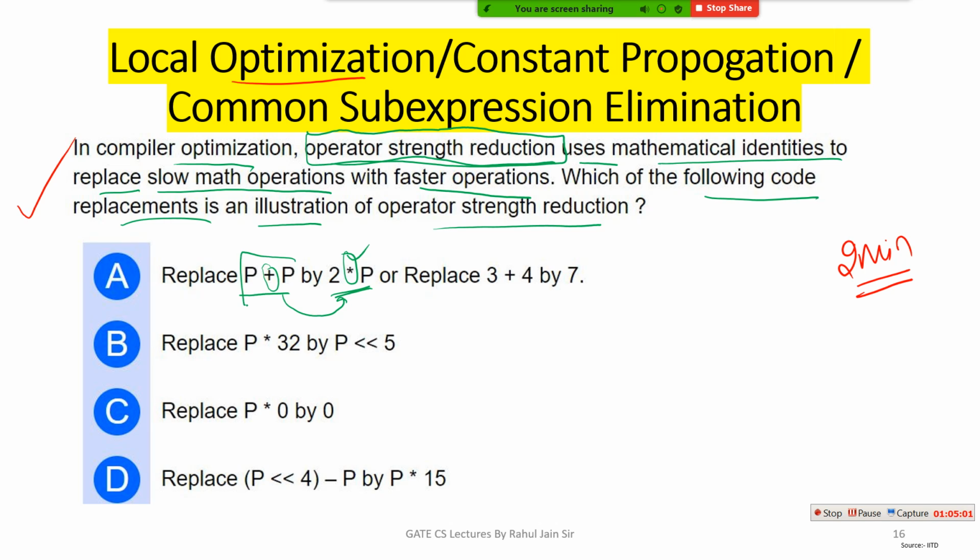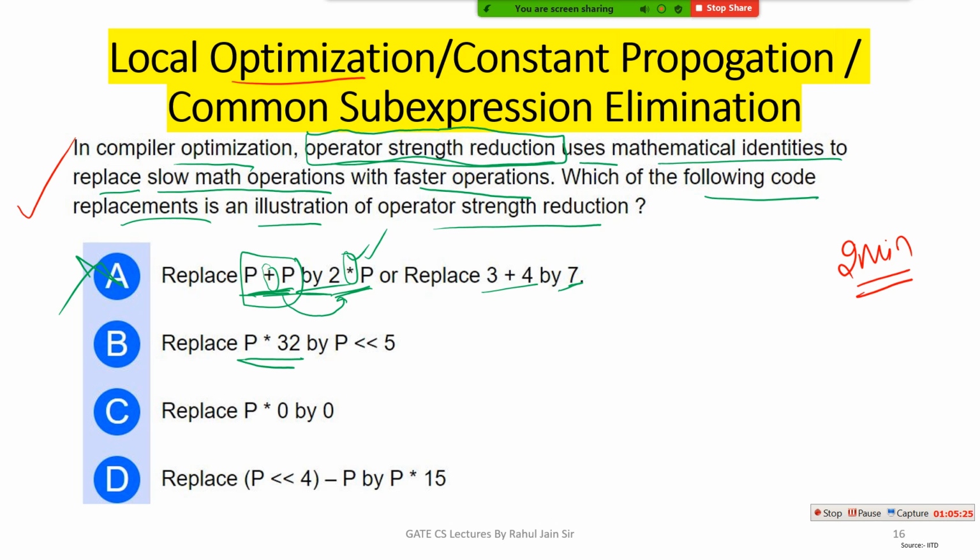So P plus P is already the low strength form, so why would we change it? Option A is incorrect. Is it clear to everybody or not? However, 3 plus 4 we can replace with 7, but this statement is incorrect. Now focus on statement B.